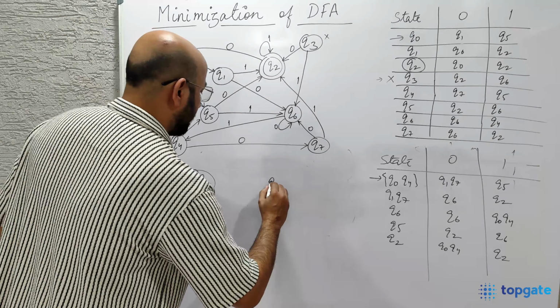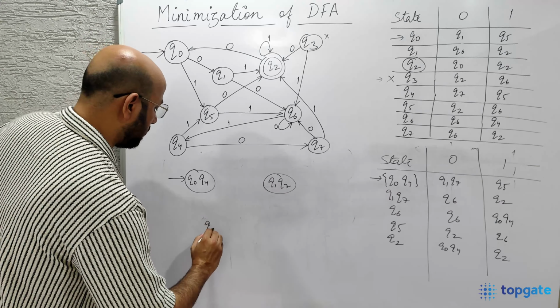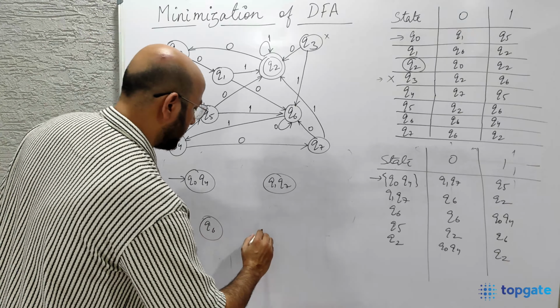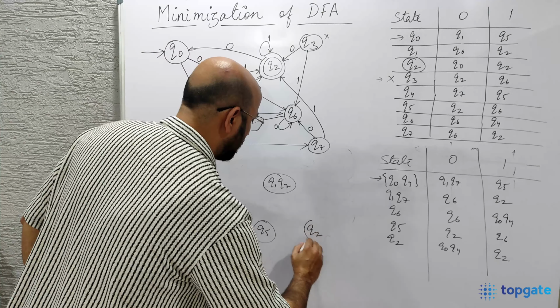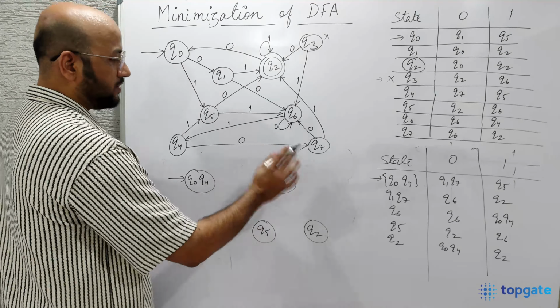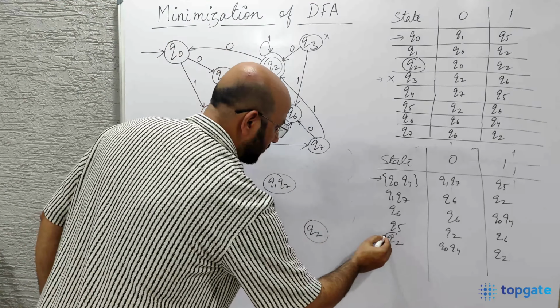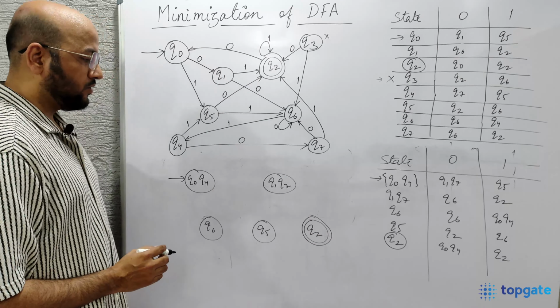And then I have Q1, Q7, and then I have Q6, Q5, and Q2. Q2 was the final state, so here also we have Q2 as the final state. I'll make a double circle. This becomes my final state.